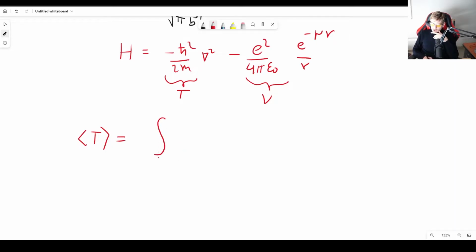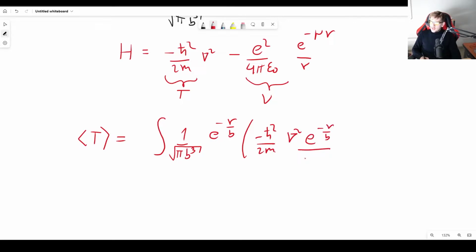So the integral over all of space, and then the wave function conjugate, but since it's real, it's going to be the same thing. So 1 over the square root of pi b cubed, e to the minus r over b. And now we get minus h bar squared over 2m nabla squared acting on e to the minus r over b divided by the square root of pi b cubed. And of course, still d r cubed.